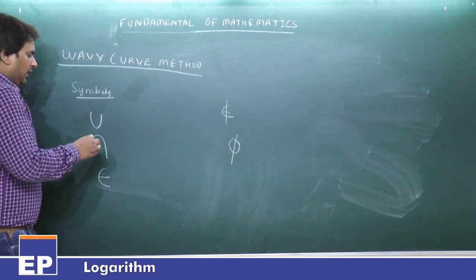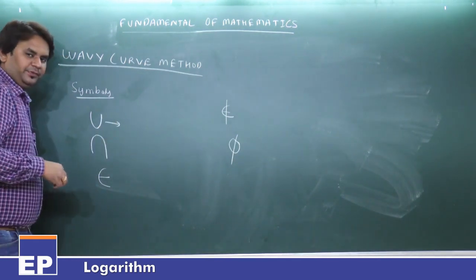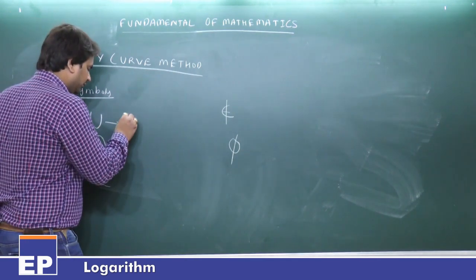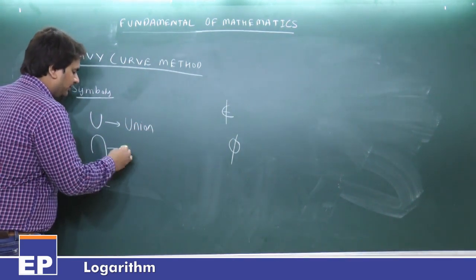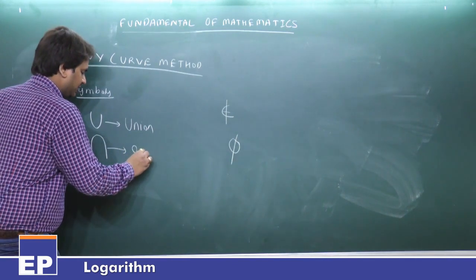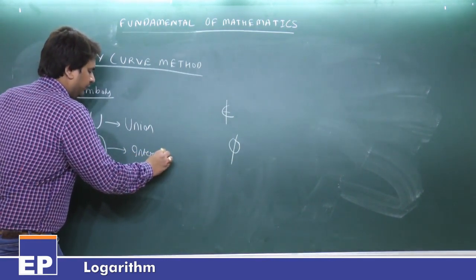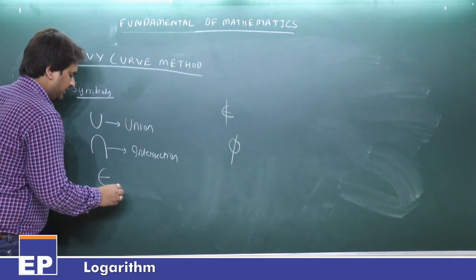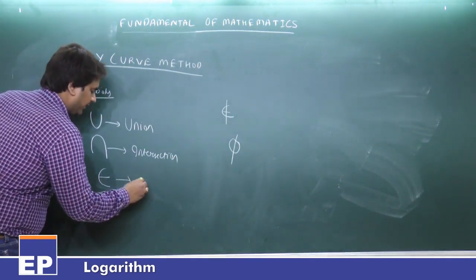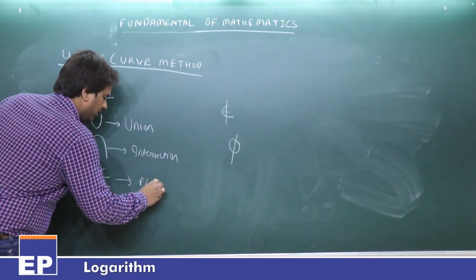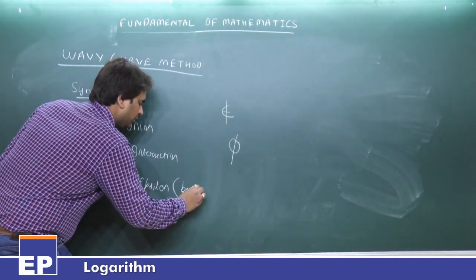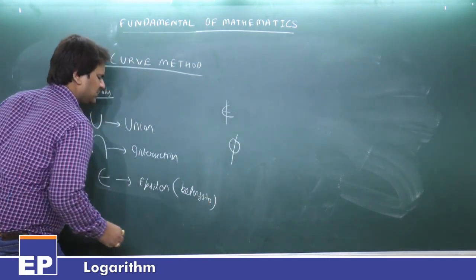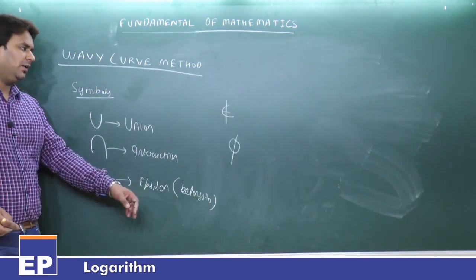The name of the first symbol is union. The name of the second symbol is intersection. The name of the third symbol is epsilon, or we can say belongs to.